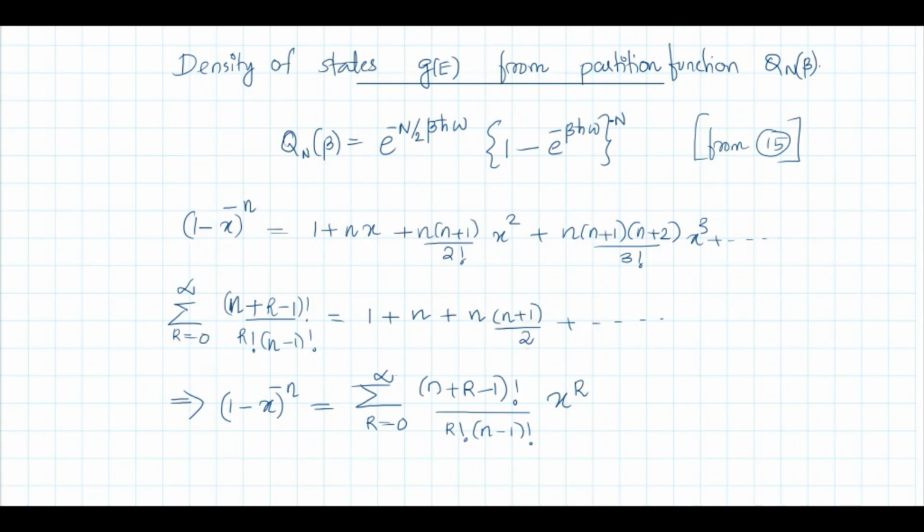So (1 minus x) the whole raised to minus n is equal to sigma r equal to 0 to infinity (n plus r minus 1) factorial divided by r factorial into (n minus 1) factorial x raised to r. If you put r equal to 0, you will get the first term 1. If you put r equal to 1, you will get the second term nx and so on.